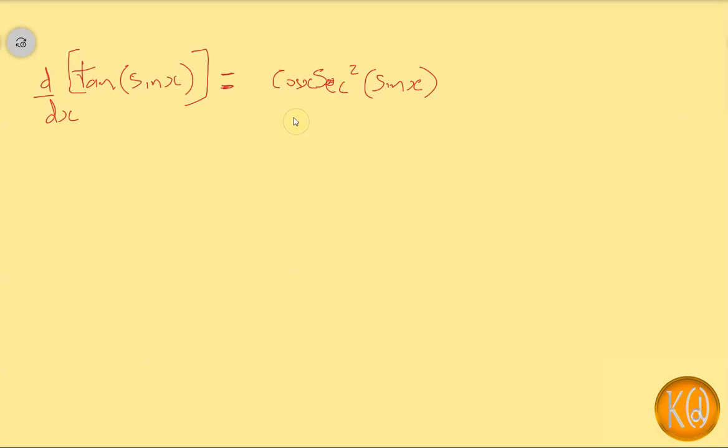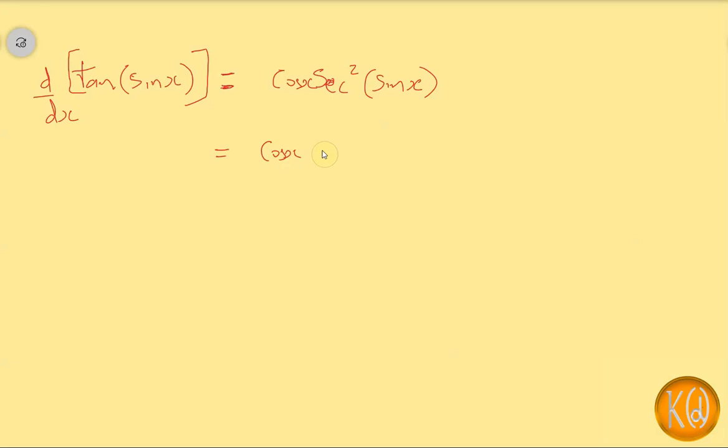And this could be simplified if you want. Again, that decision is up to you. It doesn't really have to be, but let's do it either way. We know that secant is 1 over cosine.